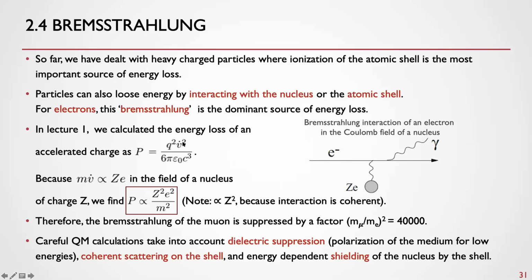So v dot squared is the square of the acceleration. Now, we know that because of Newton's law, m times acceleration is proportional to C times E. It's important that this C now is a coherent interaction.